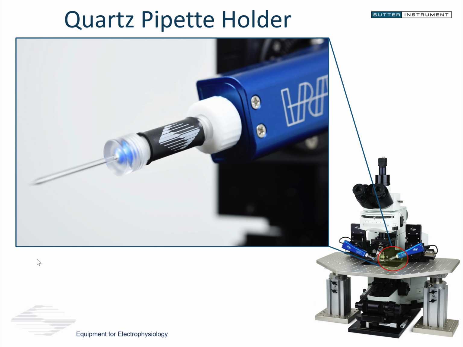Yeah, the dielectric properties of quartz, if you use it for pipettes, make the recording quieter. And of course, we were hoping that making the pipette holder out of quartz, the barrel out of quartz, would also make a difference. Unfortunately, we have not been able to detect any significant differences in noise performance between the polycarbonate barrels and the quartz barrels.